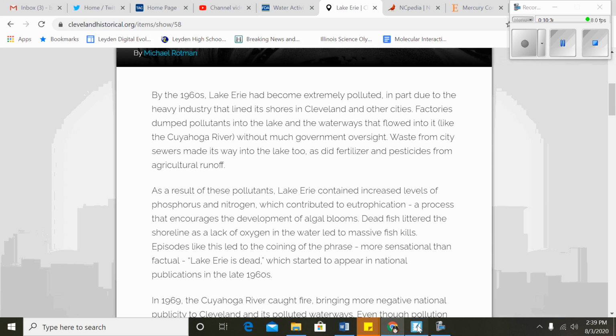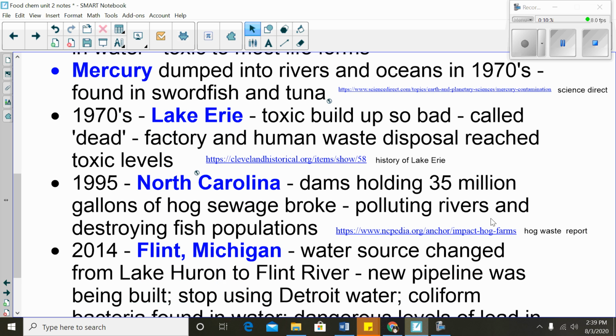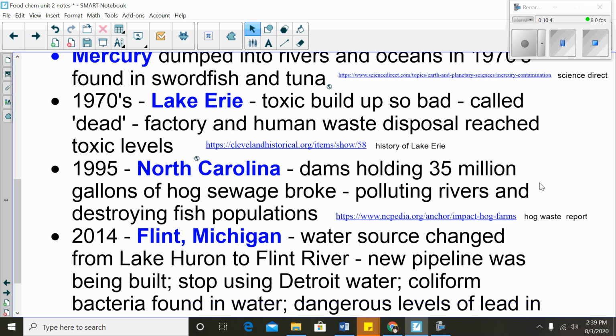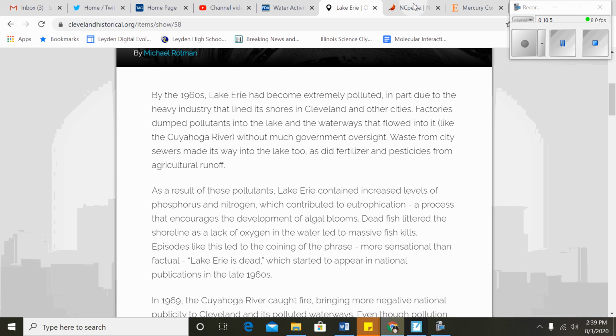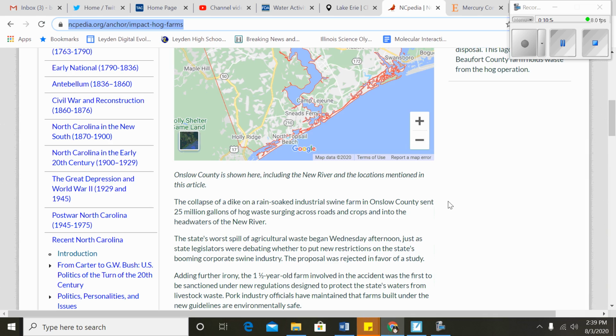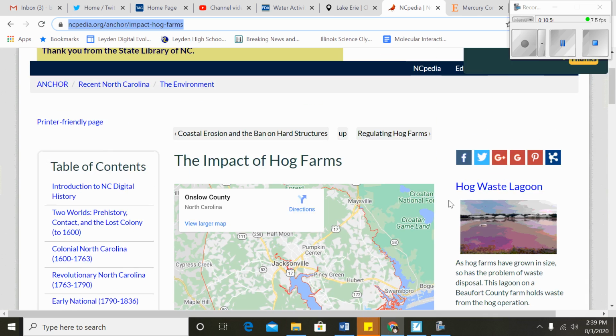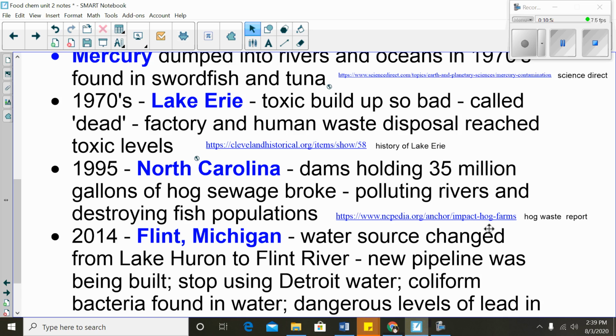A lot of waste thrown in there. In 1995 in North Carolina, dams holding 35 million gallons of hog sewage broke, polluting rivers and destroying fish populations. If you're curious about that report, I've got that link as well, so you can see what was going on, why it was so bad.